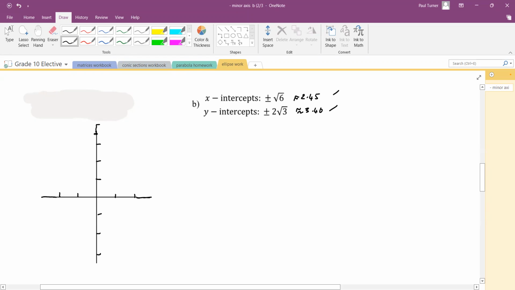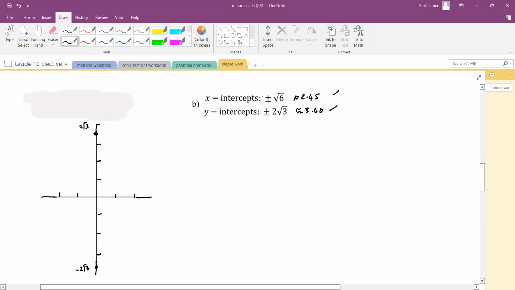So a little bit less than 3.5. So this is about 3.46. So that's 2√3. And we go down to negative 2√3 as well. So 1, 2, 3, 3.46, a bit further down here, roughly around there.